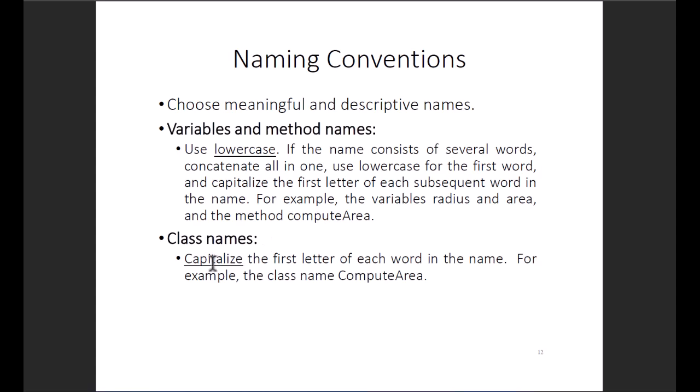And you see the class name we usually capitalize. In case the variable was more than one word, like computeArea, lowercase c, uppercase A. If it is more than one word, you start with lowercase, and then every new word should be uppercase.